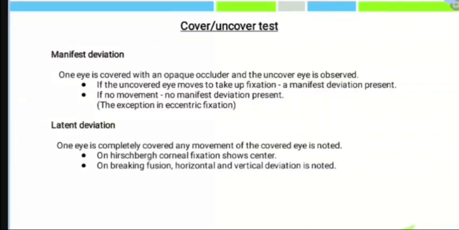Whenever you break this fusion, you can observe whether the patient has horizontal or vertical deviations. So this is how you will see latent and manifest squint.